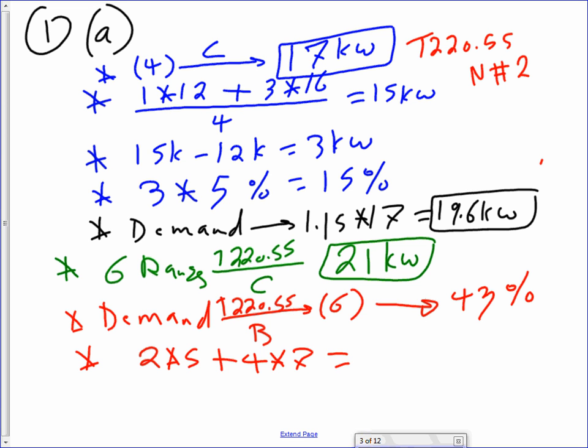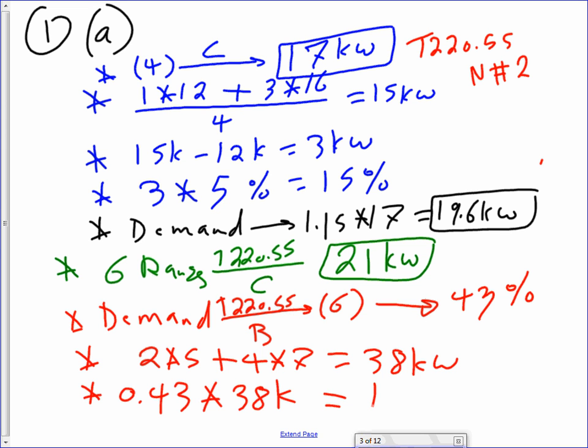If you add them all up, that will get me 38 kW. And then if you apply the demand for them, 0.43, that's the 43%, multiply this by 38 kW, and that will get you a healthy 16.3 kW.